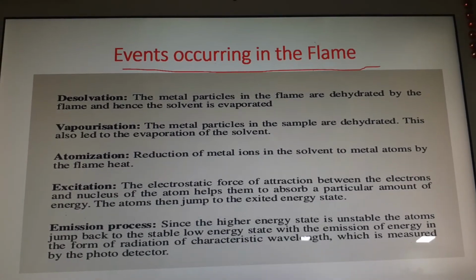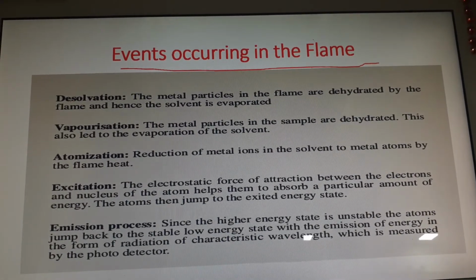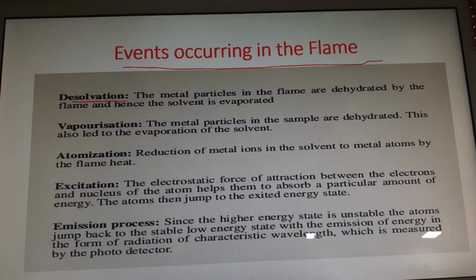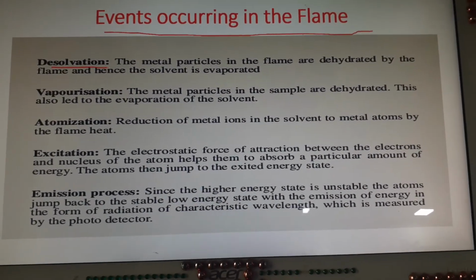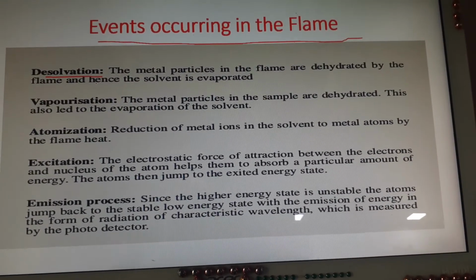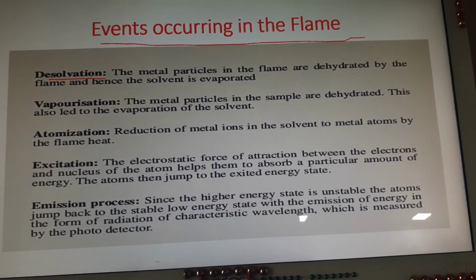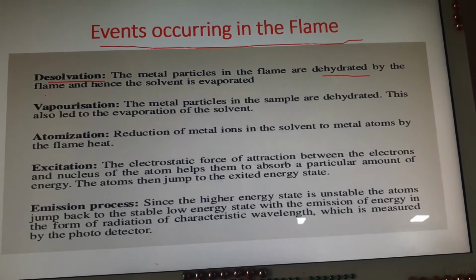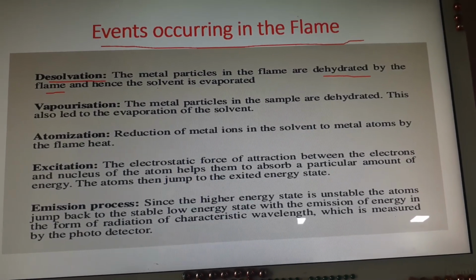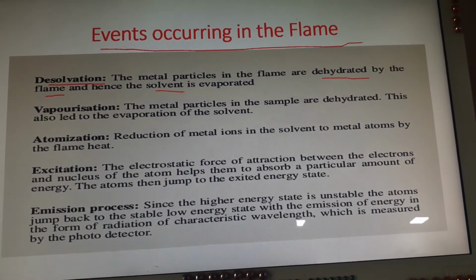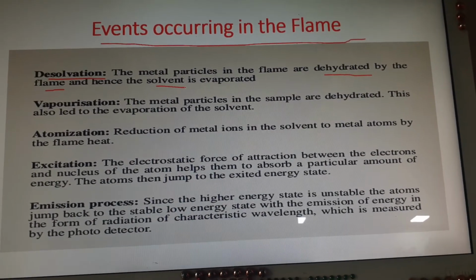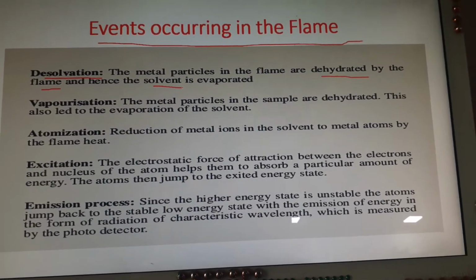Now let's see what the events are. The first step is called desolvation. What do you understand by desolvation? Desolvation is nothing but the metal particles in the flame being dehydrated by the flame, and hence the solvent is evaporated. So in short, it is nothing but evaporation of the solvent.